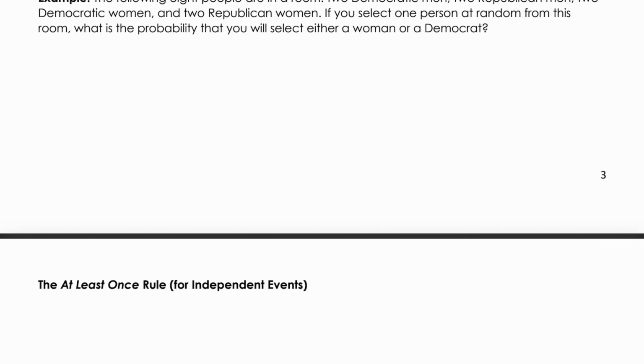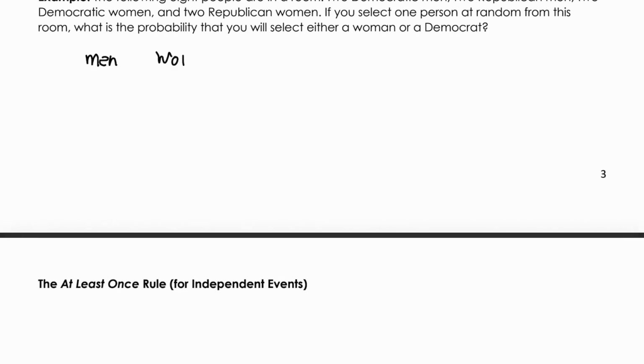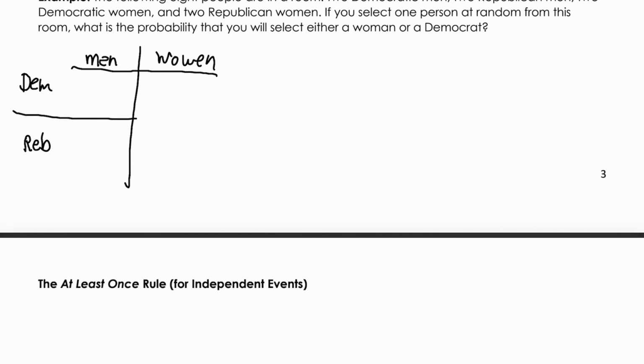I suggest when you're given a lot of information like this, that you organize the information in a table. So we have men, we have women, and we have Democrats and Republicans.